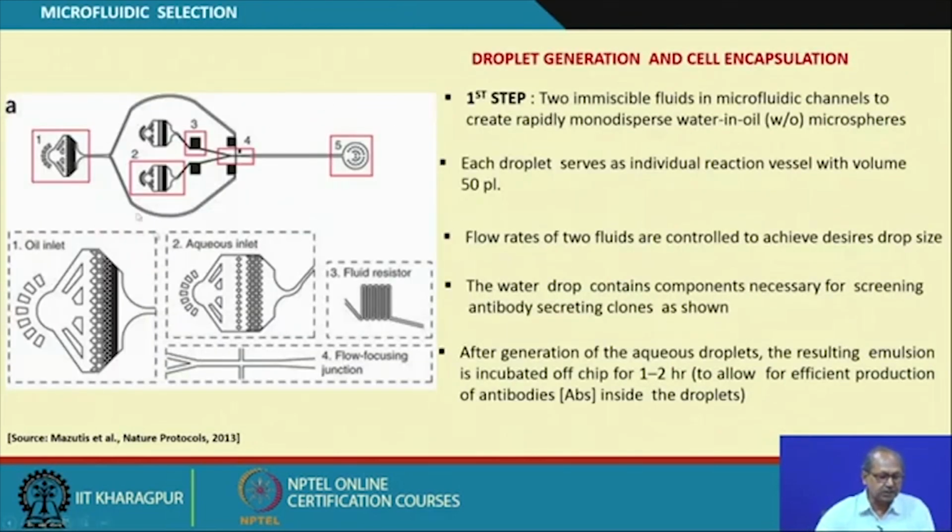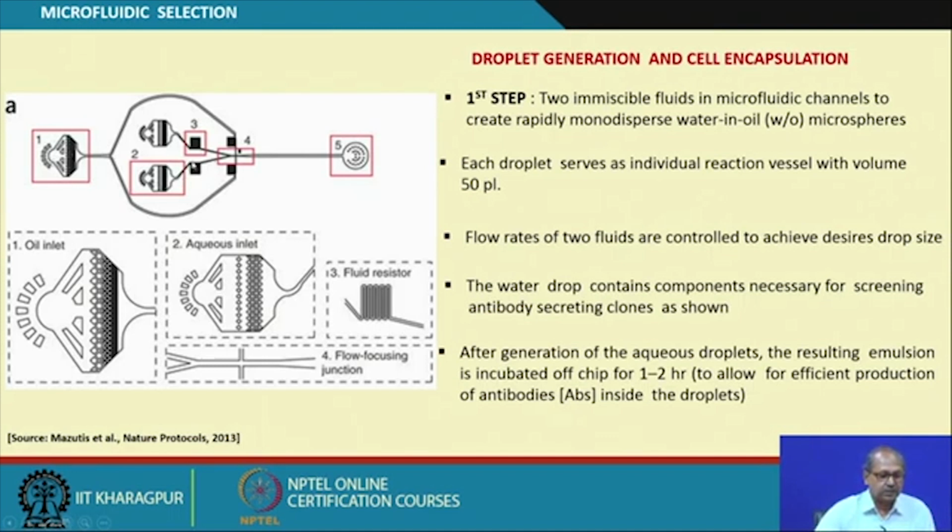So, this is the detail of your droplet generation and cell encapsulation process. This is 2 and 3, the aqueous compartments, one containing a mixture of beads and fluorescence antibody, and another containing all the hybridoma cells. And compartment 1 contains the oil phase, fluorinated silicon oil.